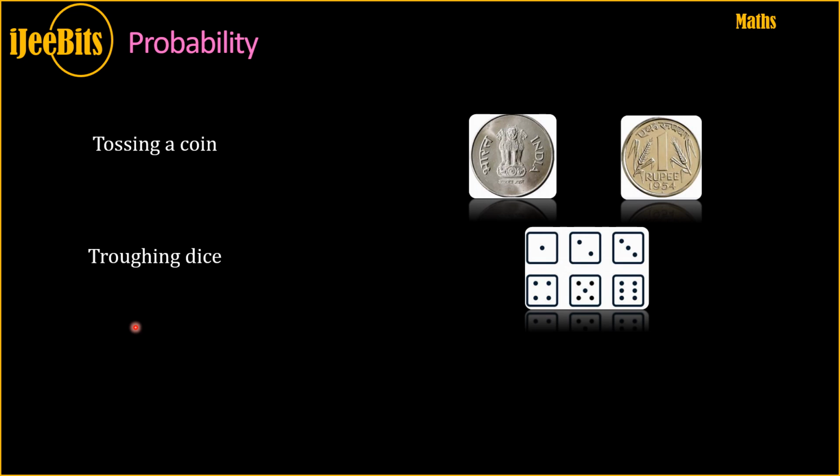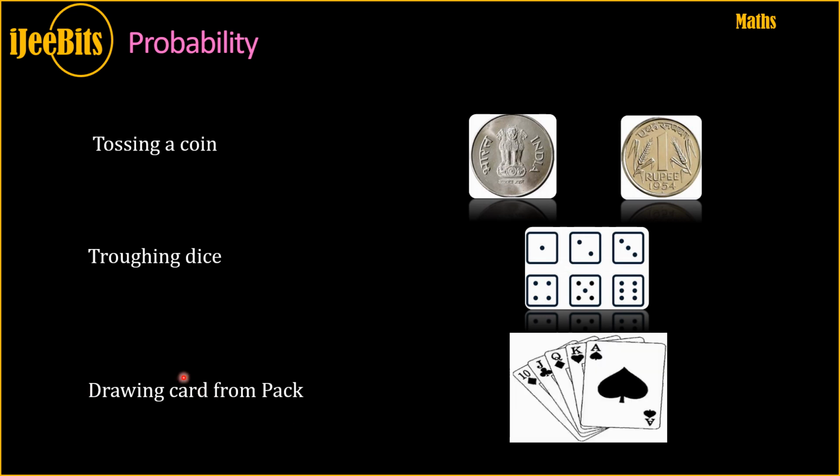That is again a subject of probability. One more, drawing a card from a pack. So these are the three case studies with which we can build the concept of probability.